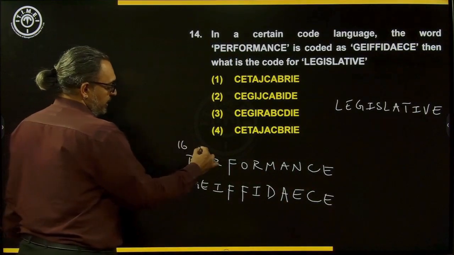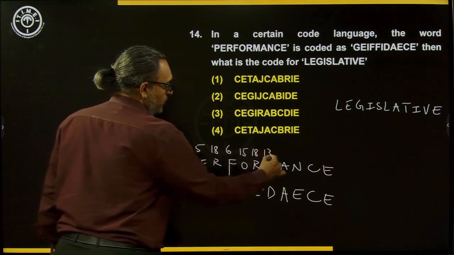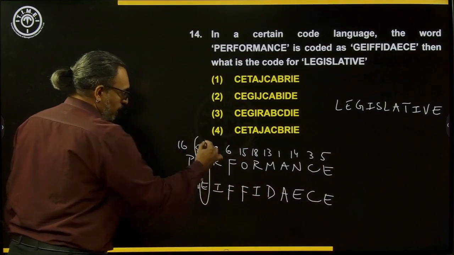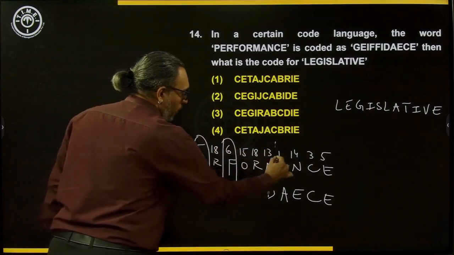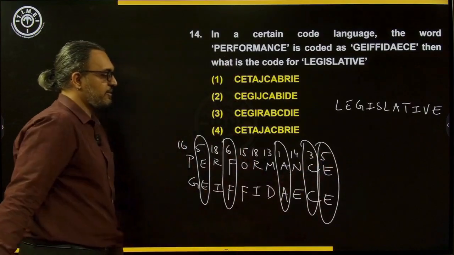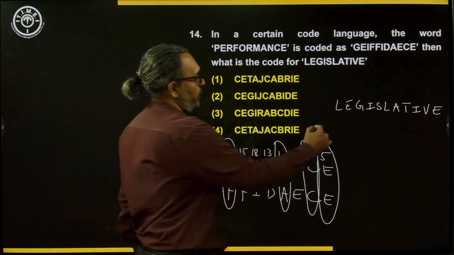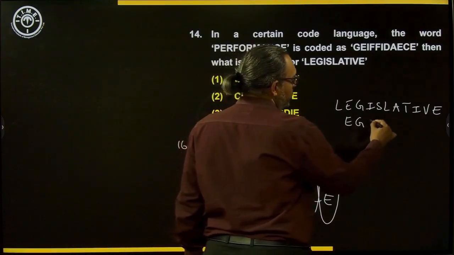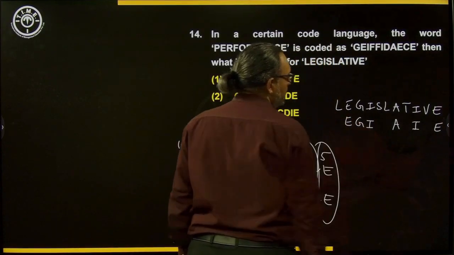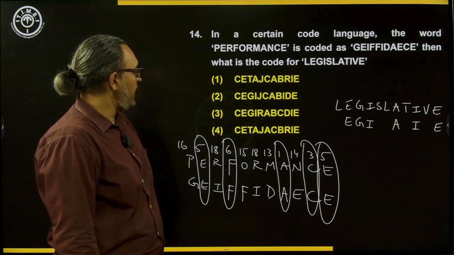So this is 16, 5, 18, 6, 15, 18, 13, 1, 14, 3, 5. Now if you observe carefully, you see that all the single digit place value alphabets are as it is. Correct? All the single digit place values are as it is. So if I do the same, you have E, G, I, A, I, E.